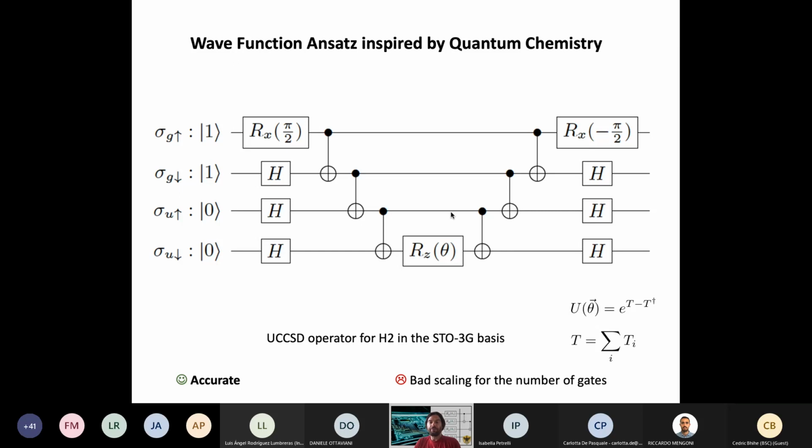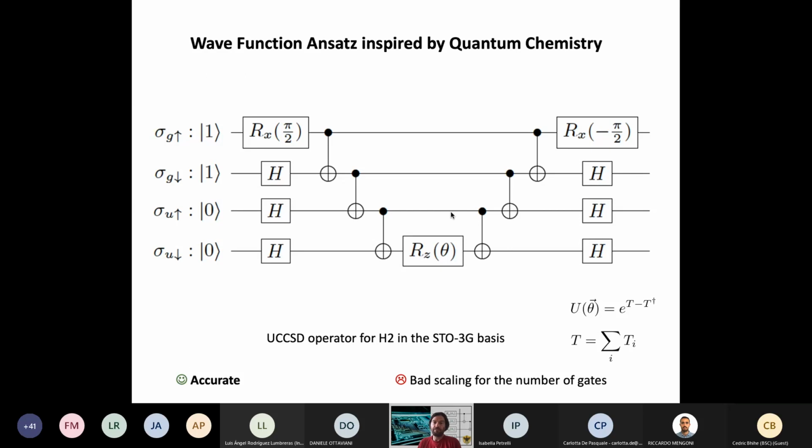What is the problem of this kind of approach? The problem is that it has quite bad scaling for the number of gates. So if you use quantum chemistry inspired ansatz, you actually have very long circuits.